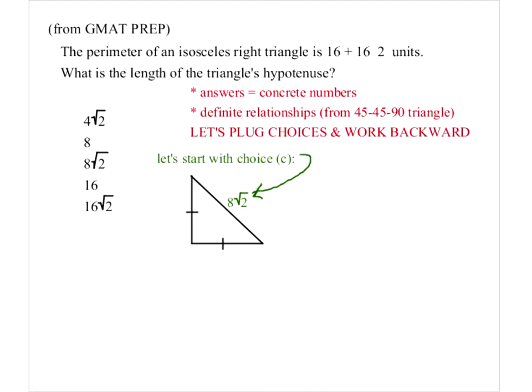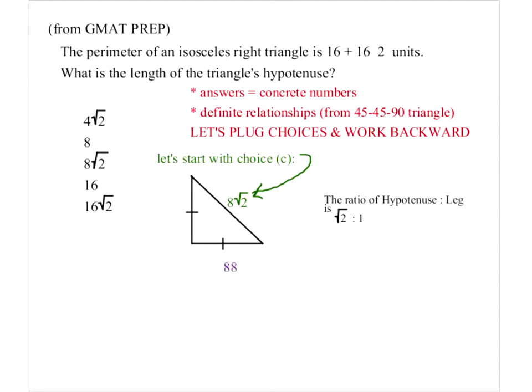So the ratio of hypotenuse to leg is rad 2 to 1 in this triangle. So that means in this case you can just look at this. You could set up a proportion if you wanted to, but notice that this is just a multiple of 8 times this ratio. So that would mean that these guys on these other sides are going to be 8 each.